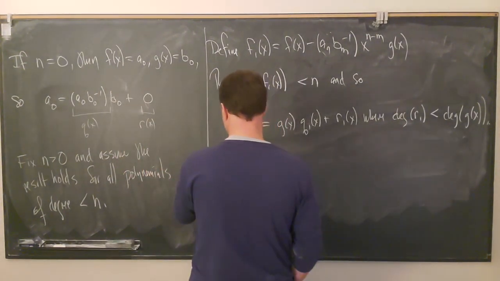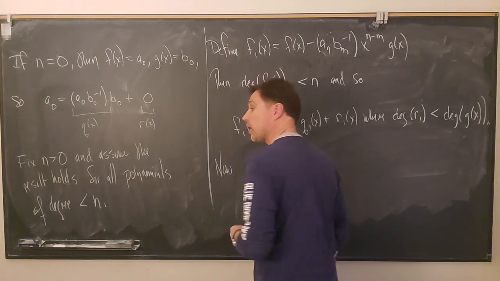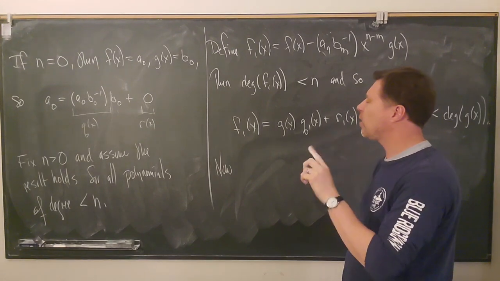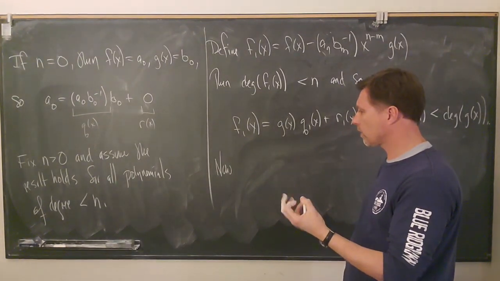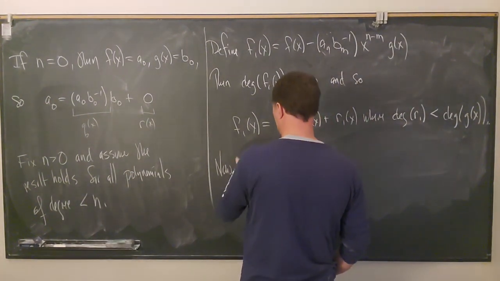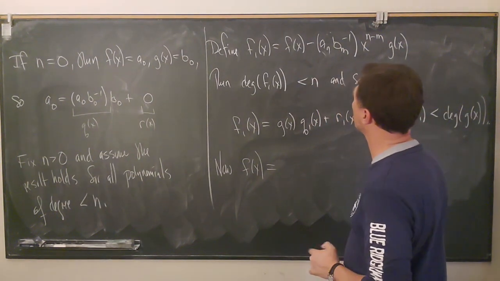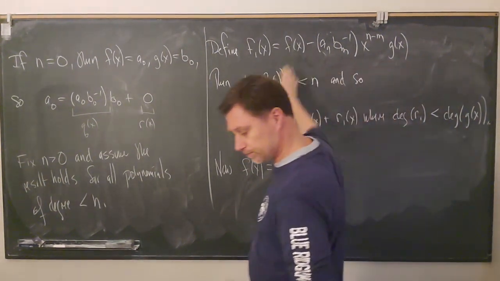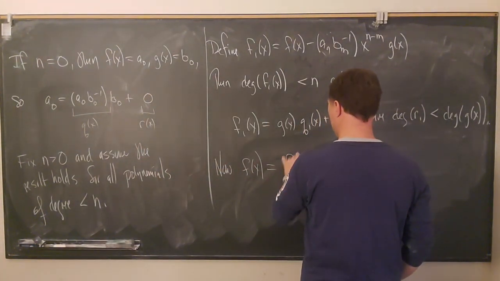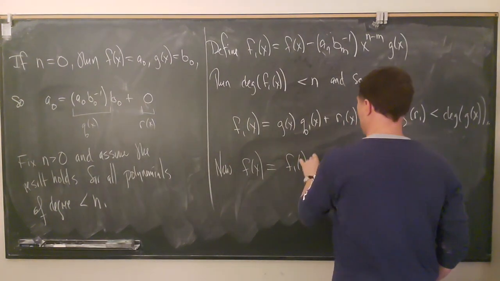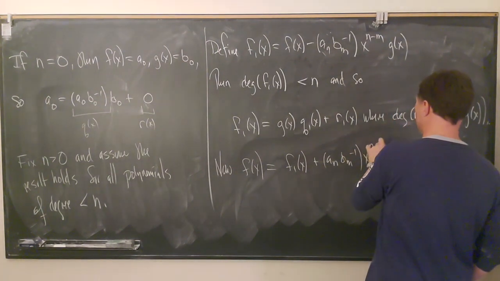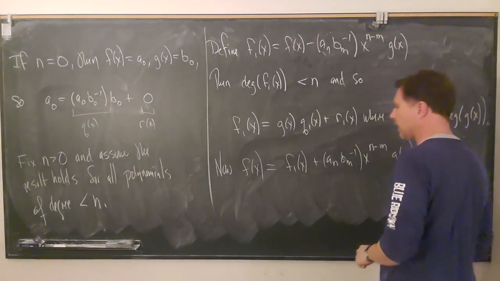So now, remember what we're trying to do. We want to show that we can run the division algorithm on f. We want to express f as g times q plus r. So now, if I solve in this equation right here, f of x is equal to f1 of x plus a_n b_m inverse x to the n minus m times g of x.